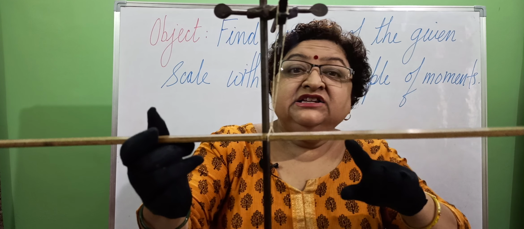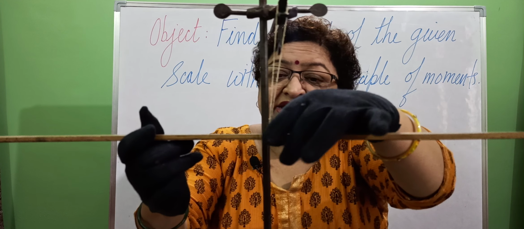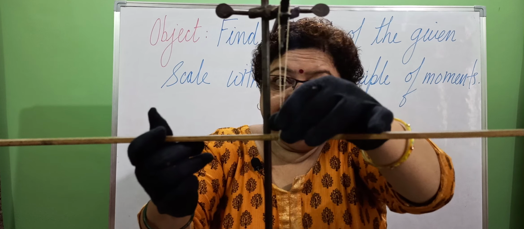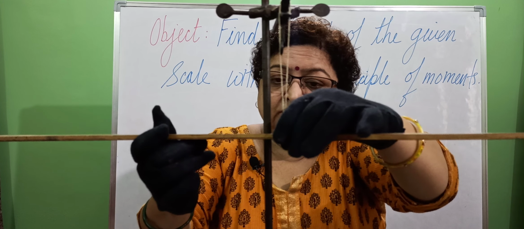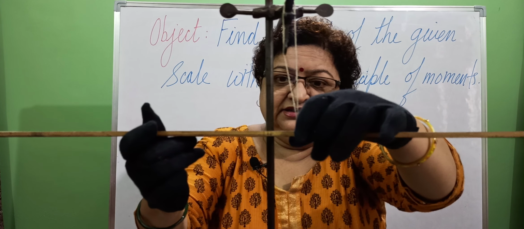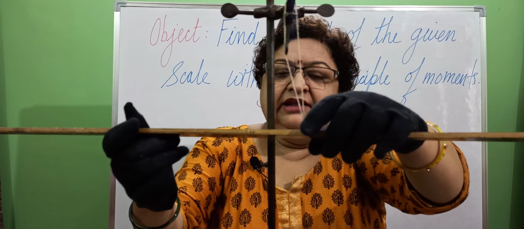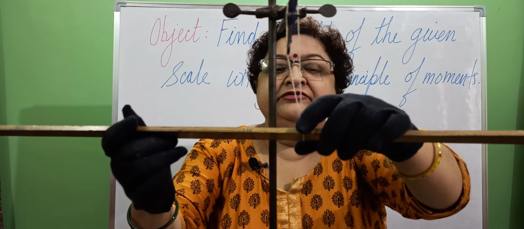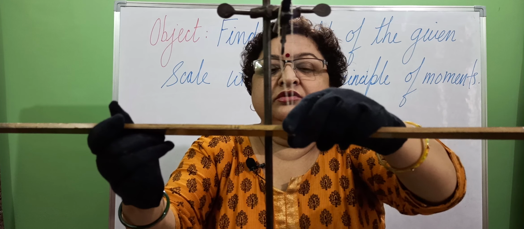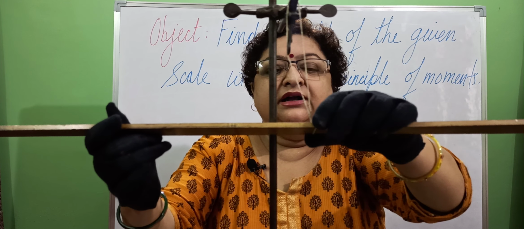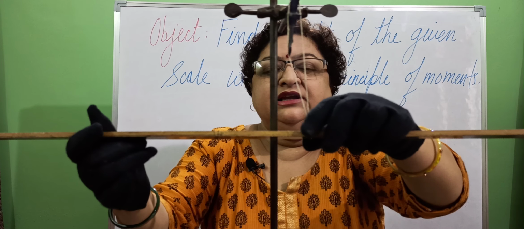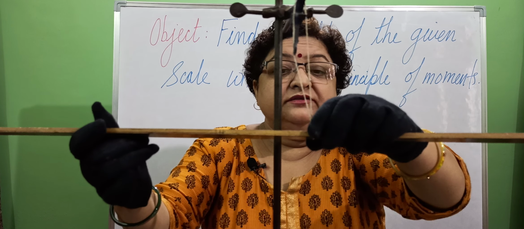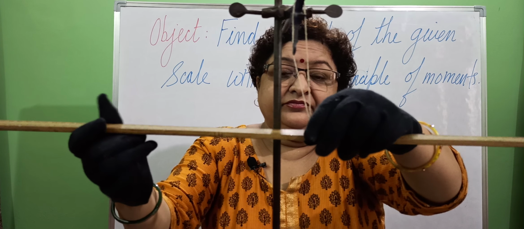Now, if I shift this point of the thread to any one side, say towards left, and let me shift it to the 40 centimeter mark. See, carefully observe the steps I am doing.